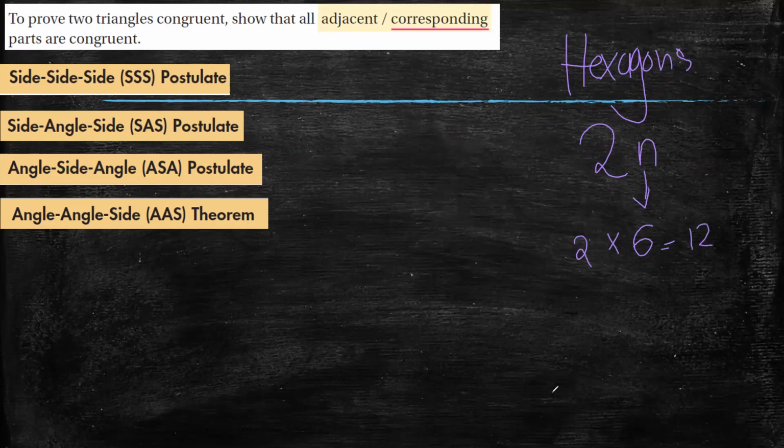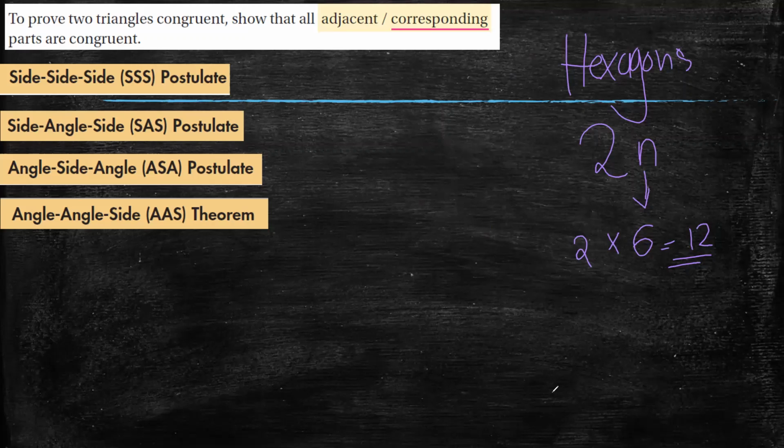So I need to write 12 corresponding statements to check that these two hexagons are congruent. So if I'm talking about a square, a rectangle, any shape that has 4 or more sides, I need to write all the elements. But the triangle is a special case.